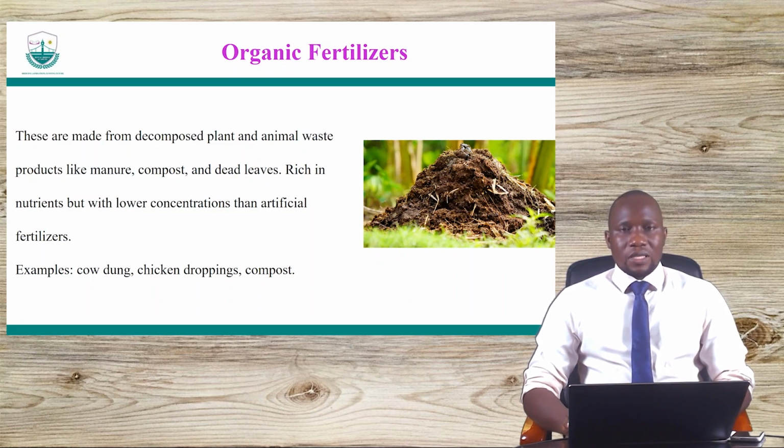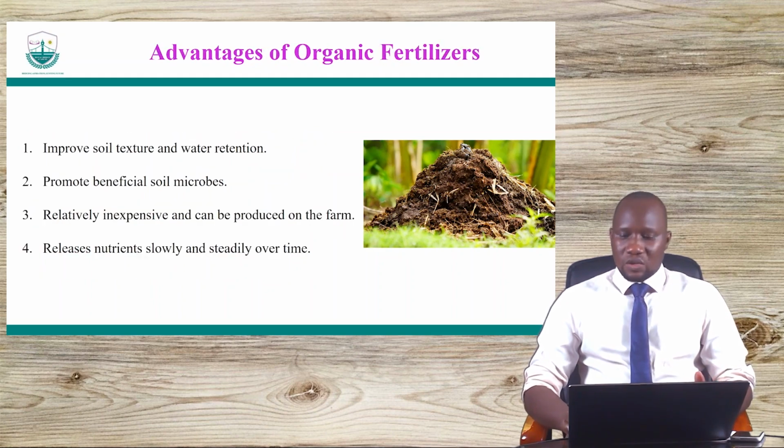Of course, this manure has to go through certain processes. That is, in its production, you need to make sure that you maintain temperature. You can cover them, they decompose, the bacteria act on them very well, such that these nutrients are actually released.